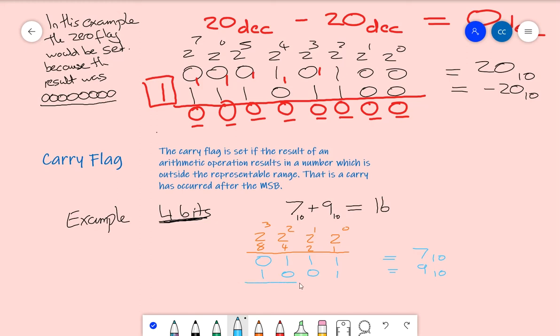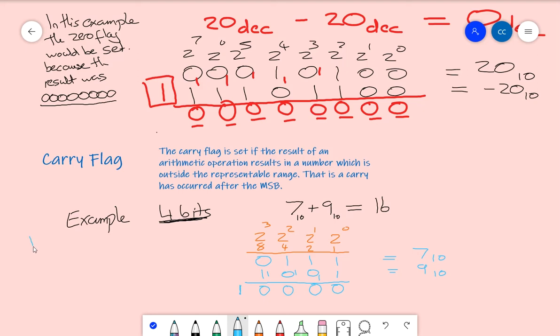So the answer, adding these together, 1 and 1 is 2, so put down the 0, carry the 1, 1 and 1 is 2, put down the 0, carry the 1, 1 and 1 is 2, put down the 0, carry the 1, 1 and 1 is 2, put down the 0, carry the 1. This answer is out with the representable range because 1, 2, 3, 4, 5 bits are needed.